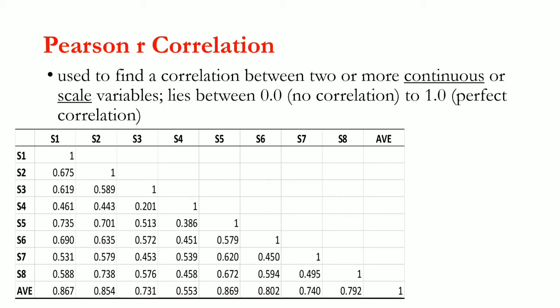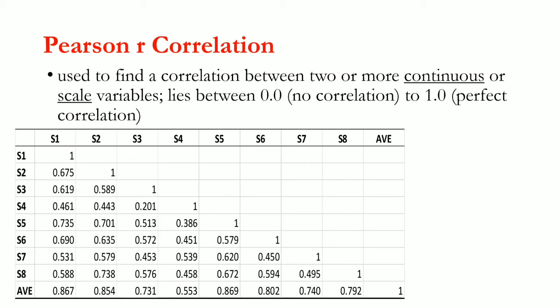So for example, we compared here the overall performance average, that's GWA, average of the students, and then subject 1, subject 2, subject 3 to subject 8. Let's see the correlation between the GWA, or the average performance of the students, and their first subject, S1. So you just take a look at the intersection. The correlation coefficient is 0.867.